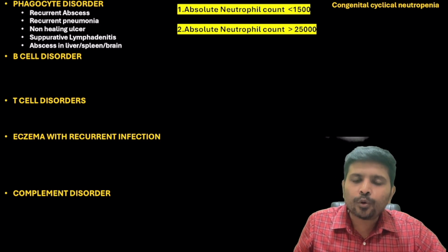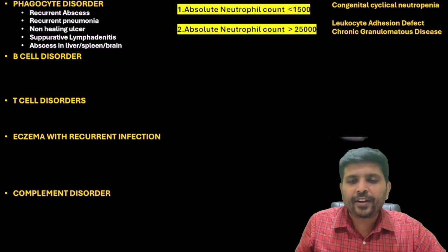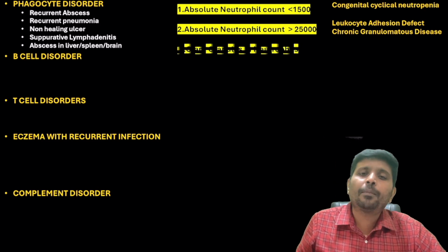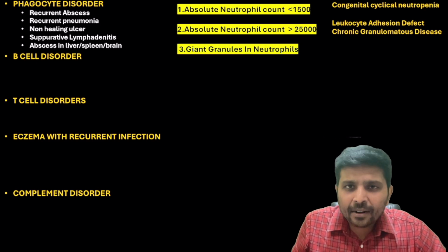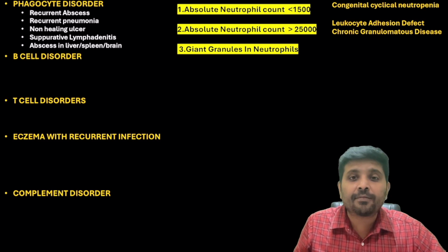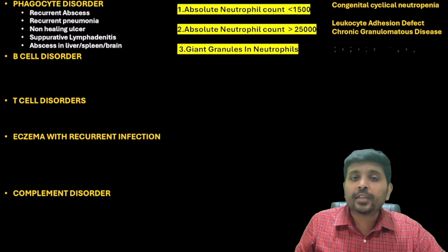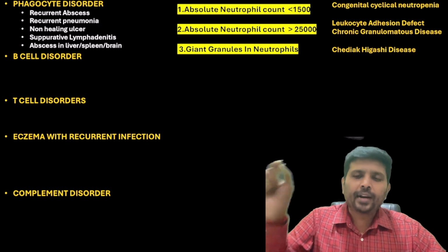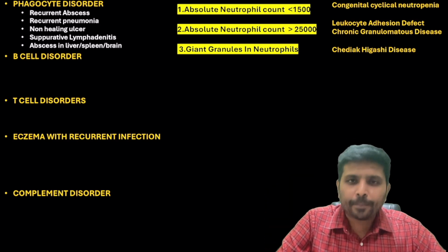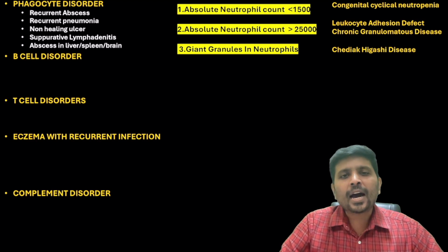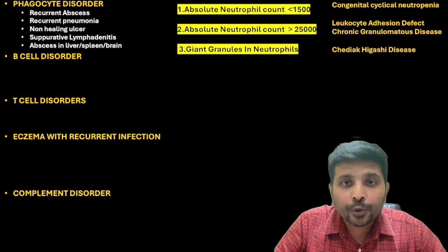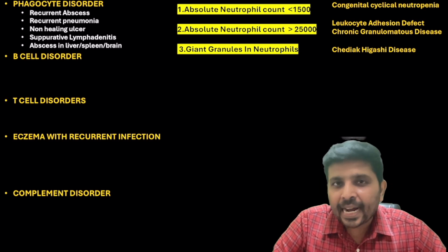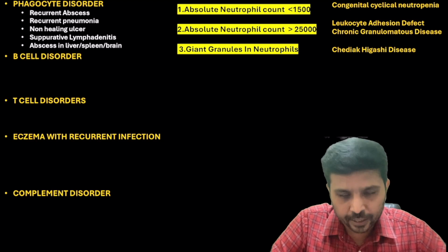It can be due to leukocyte adhesion defect, or it can be due to chronic granulomatous disease. And with the help of your pathologist friend, you can try to find out the presence of giant granules in neutrophils, which can be a manifestation of Chediak-Higashi syndrome. So recurrent abscess, recurrent suppurative infection, or non-healing ulcer means look at the neutrophil count. The low count or high count both indicate an underlying phagocytic disorder.